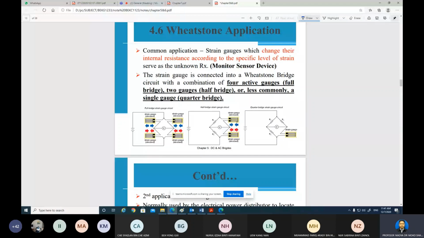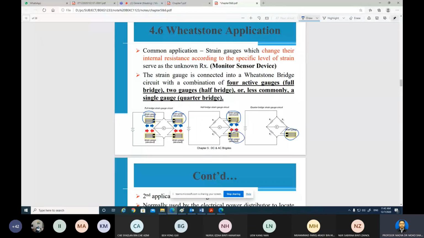You can see for circuit number 1, we have 4 active gauges. That means we have a full bridge, where every arm of the bridge can measure the strain gauge. We also have the half bridge, which means we have only two strain gauges here, and also the single gauge.